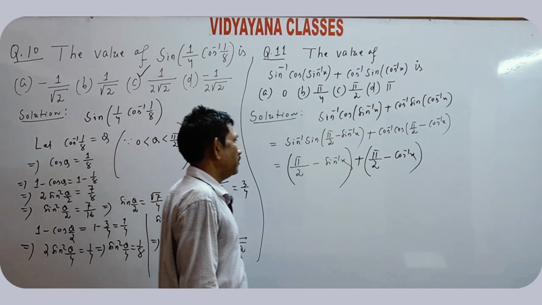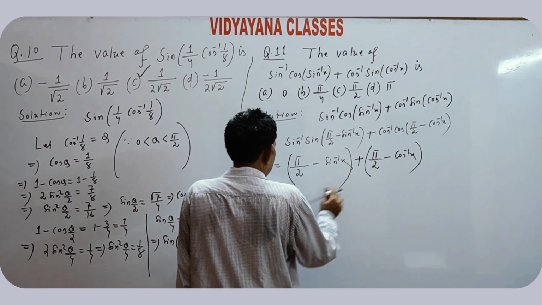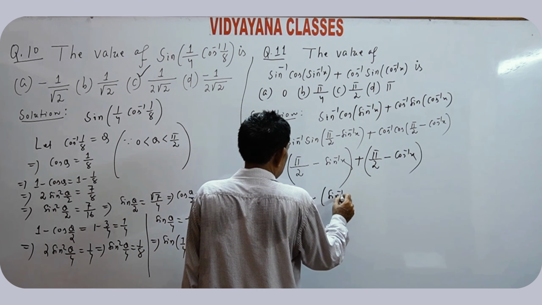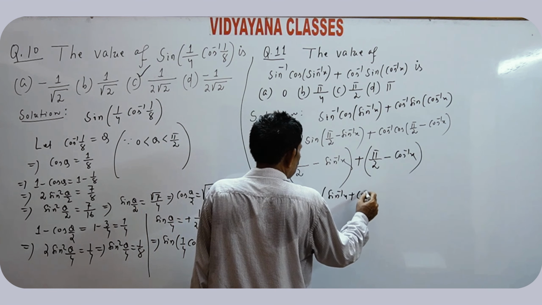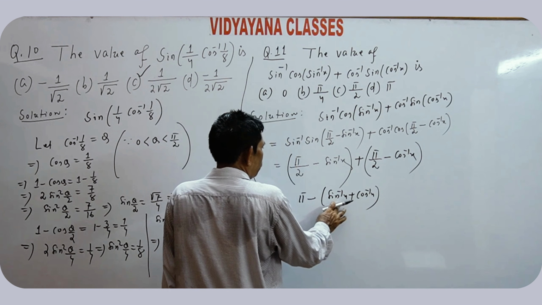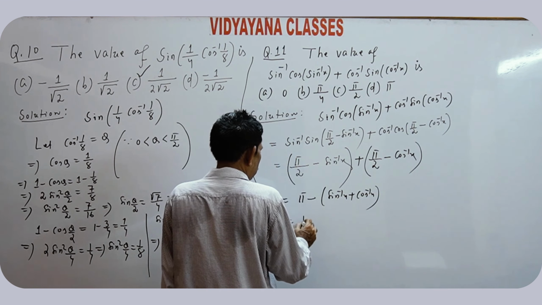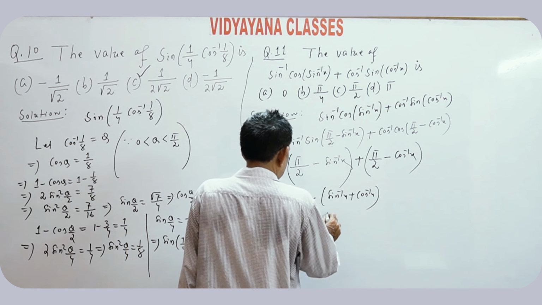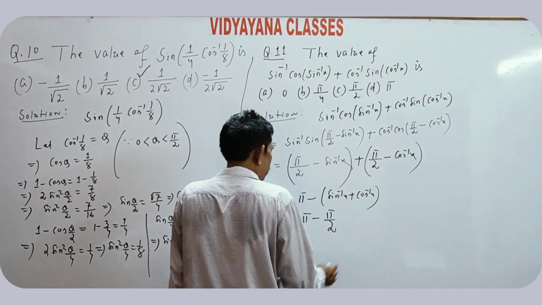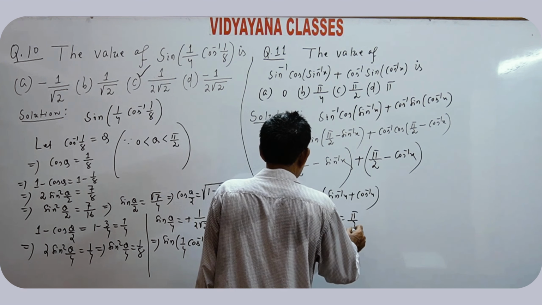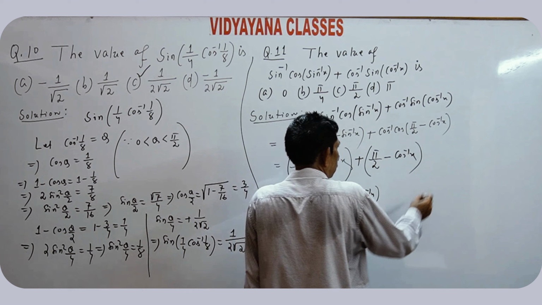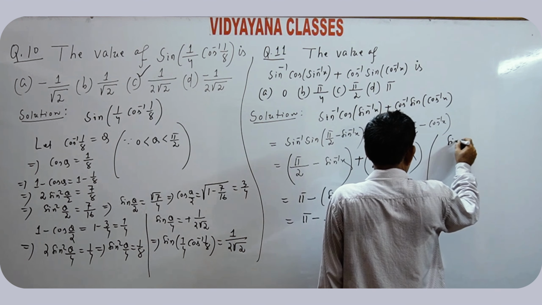So pi by 2 plus pi by 2, that is pi, minus sin inverse x plus cos inverse x. Sin inverse x plus cos inverse x is equal to pi by 2. Pi minus pi by 2 is equal to pi by 2. Clear? So the answer is pi by 2.